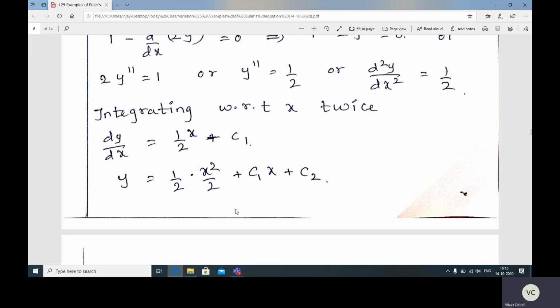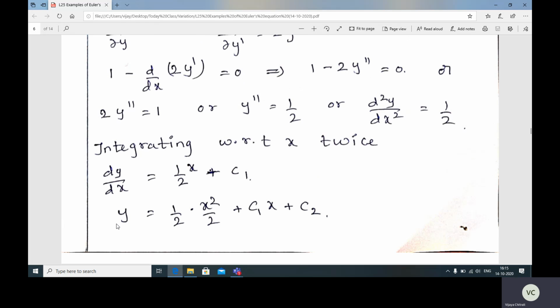Now integrate once again. So integration of dy by dx is y. This is equal to 1 by 2 into x with respect to x is x square by 2, because integration of x raised to n with respect to x is x raised to n plus 1 divided by n plus 1.